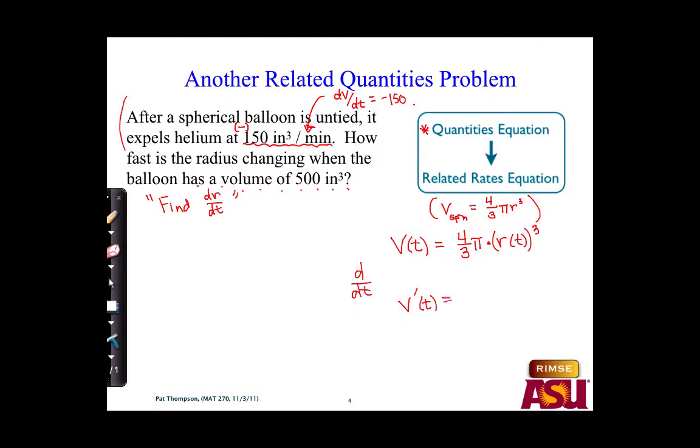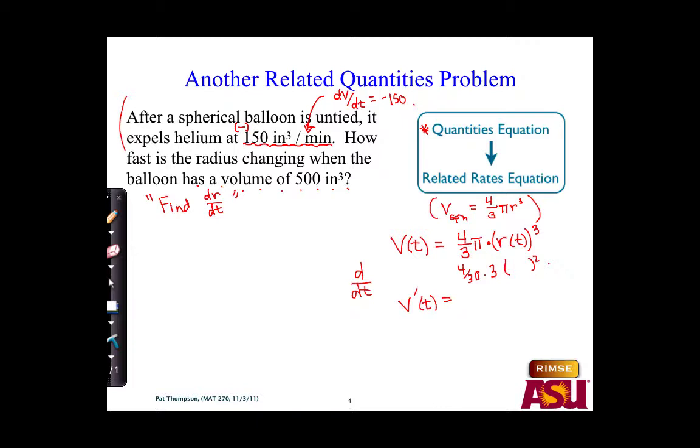On the right-hand side, that's a coefficient. So I know I'm going to keep that, but then I've got this to take a derivative of. It'll be 3 times, just like the thing we did earlier, 3 times the inside stuff squared. So I'm going to have this 4/3 pi times a 3 times something squared.